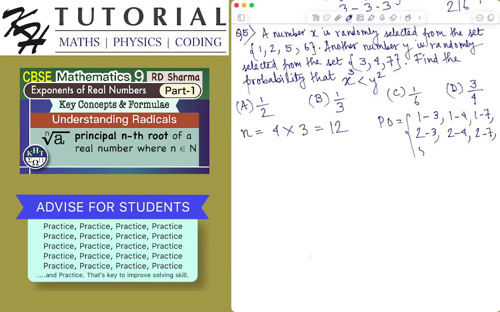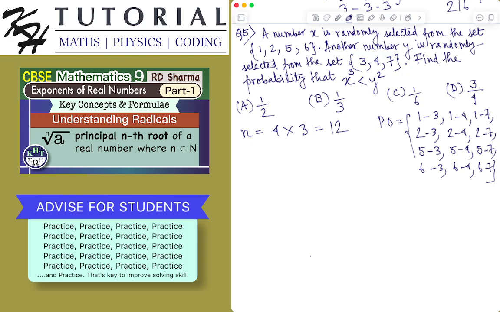Again 5 3, 5 4, 5 7. And finally 6 3, 6 4 and 6 7. So these are all the possible outcomes of randomly selecting a value x from the first set and randomly selecting a number y from the second set.